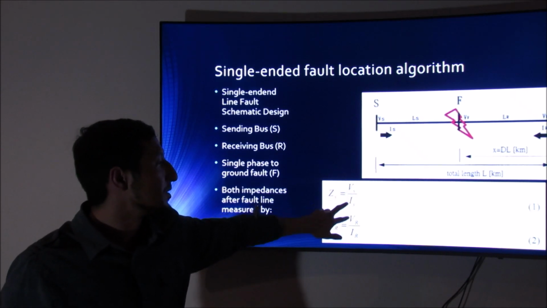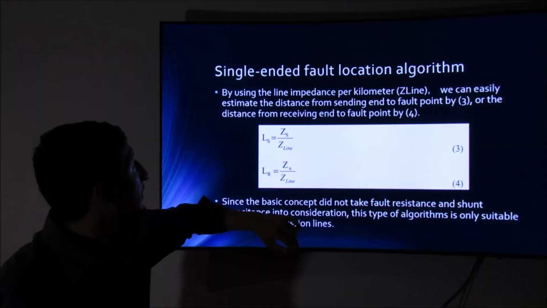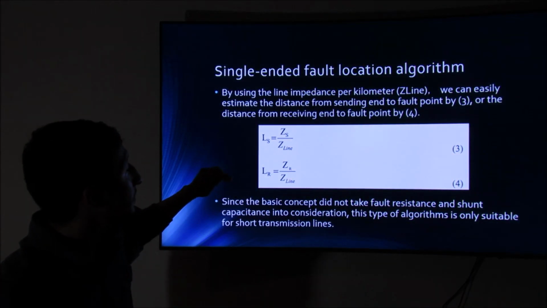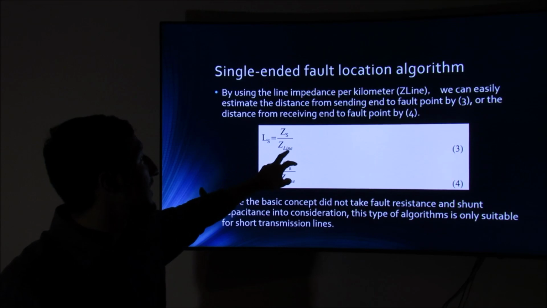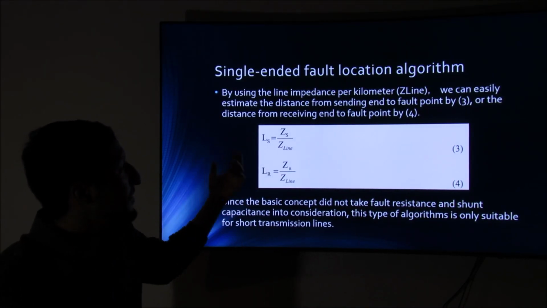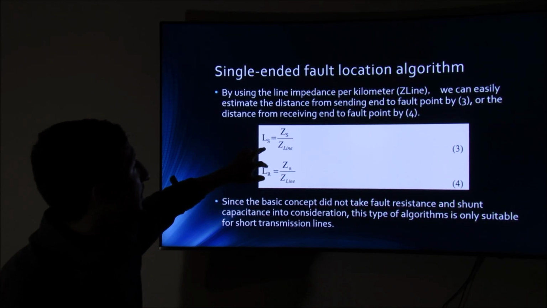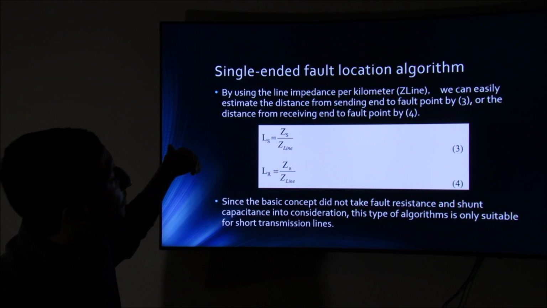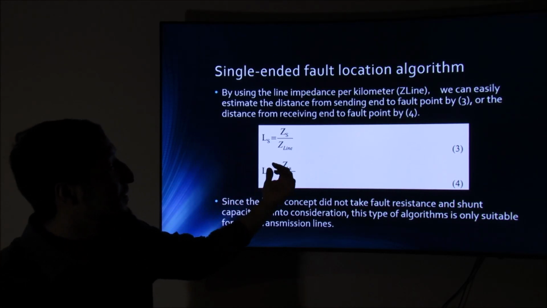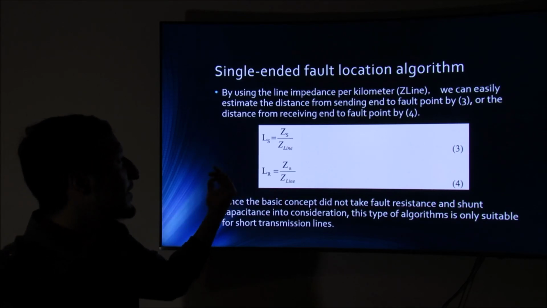You have your voltage over current. What they call the Z line is the impedance per kilometer. Using this, of course, you end up getting your distance from the sending end to the fault point.